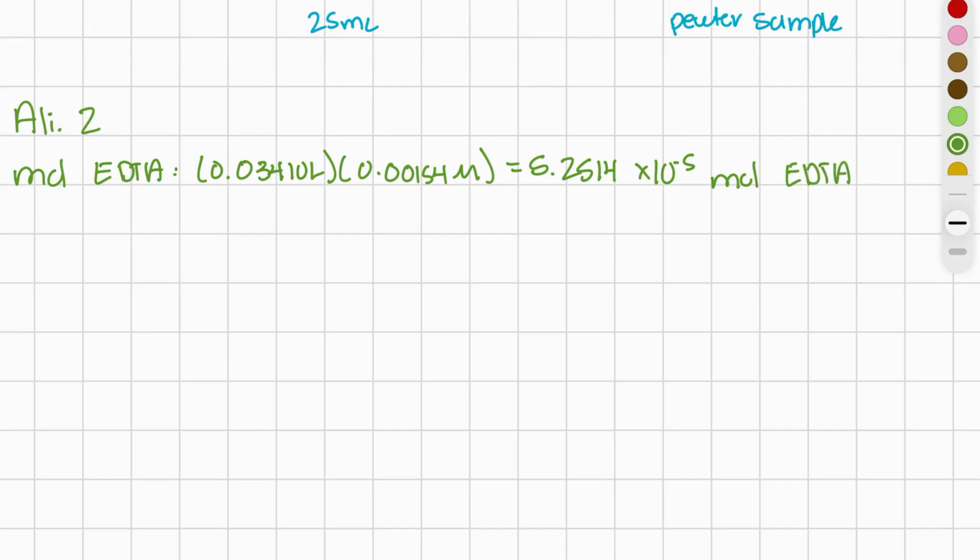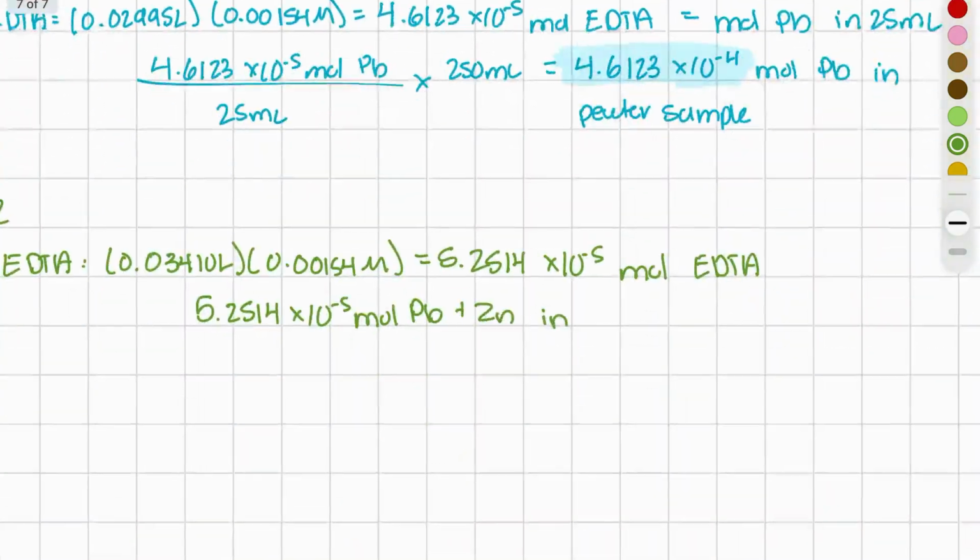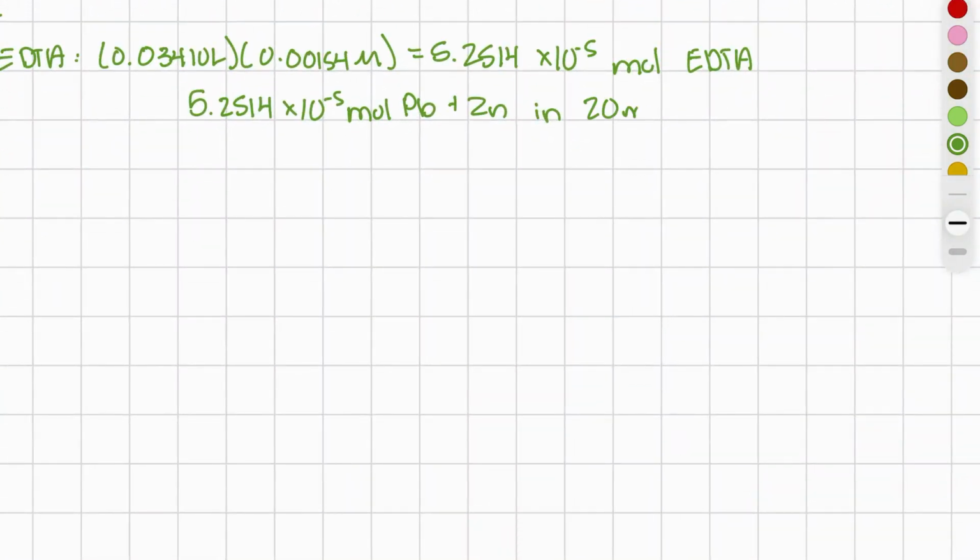And I have 5.2514 times 10 to the negative 5 moles of EDTA. So that means I have 5.2514 times 10 to the negative 5 moles of Pb plus zinc in a 20 milliliter sample. And so again, I'm going to take into account that this has been diluted.